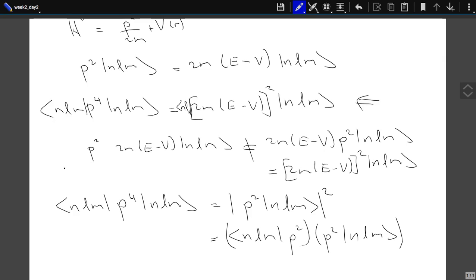So although this non-equality is still true, so that argument is correct, when it comes to the matrix elements it doesn't make any difference. So let's see how come, although there is no such equality, the matrix element of p to the 4 satisfies that relation.